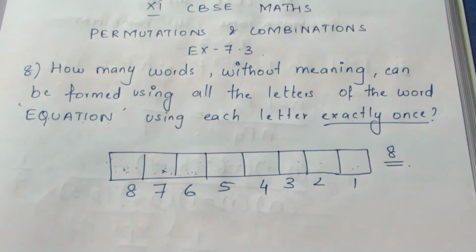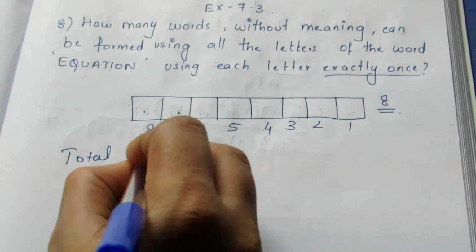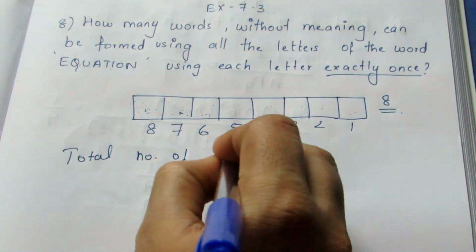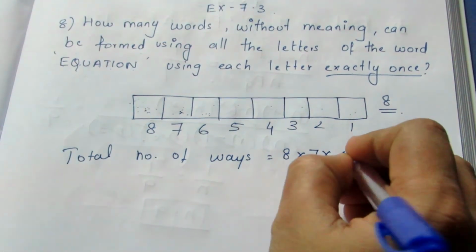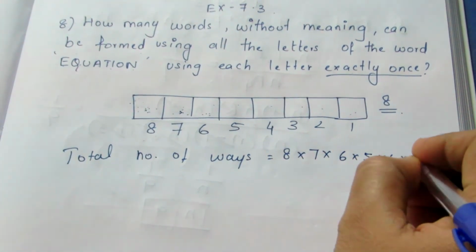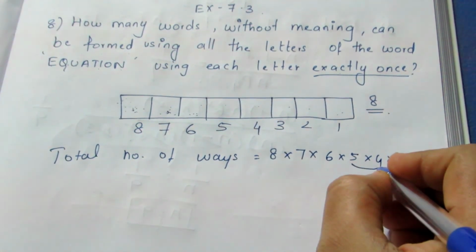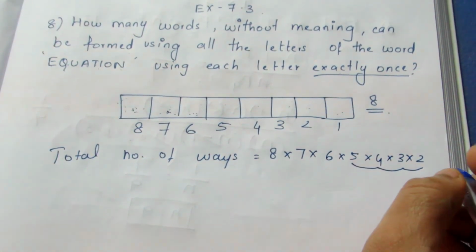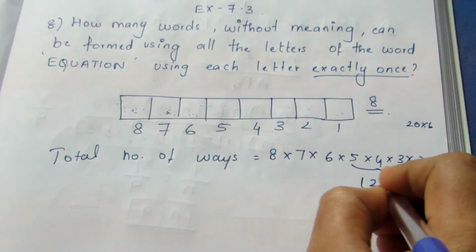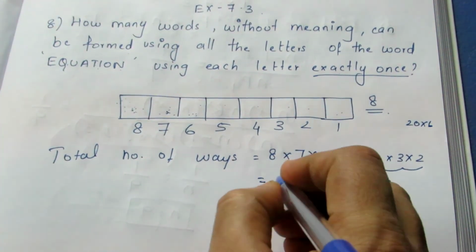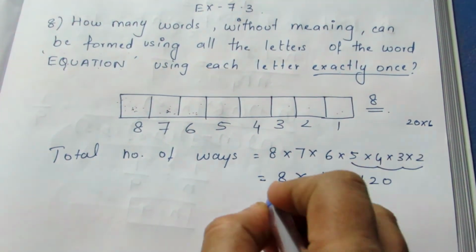So the total number of ways will be 8 into 7 into 6 into 5 into 4 into 3 into 2 into 1. 20 into 6, here it is 120. Then 42.